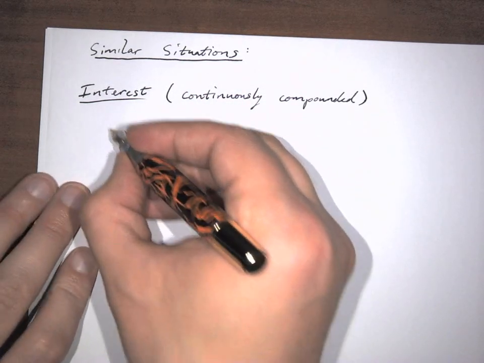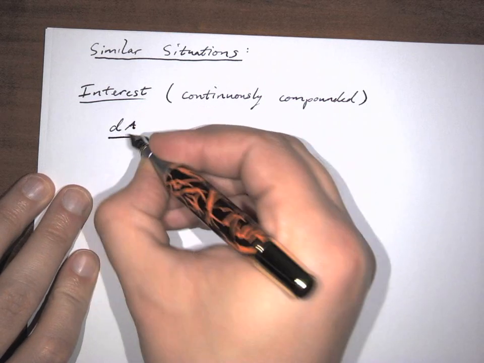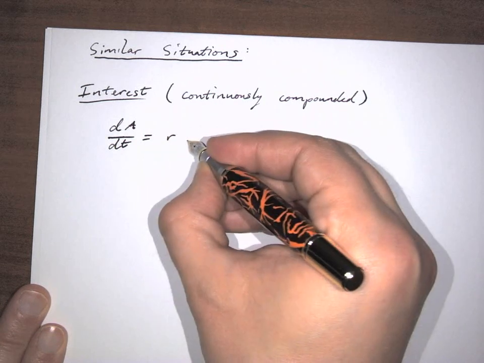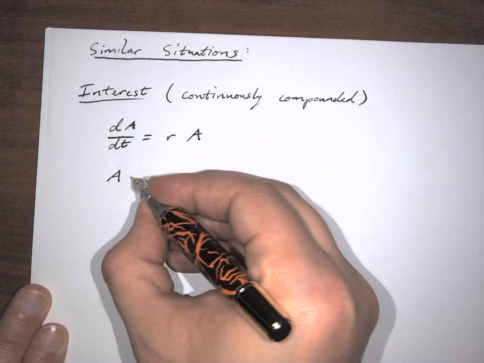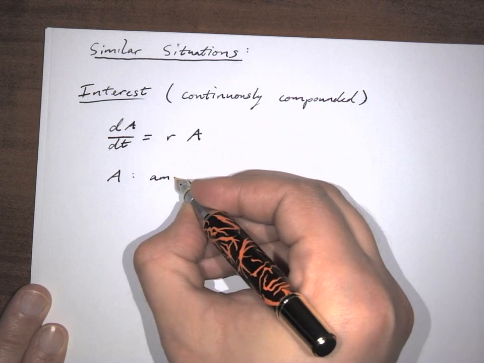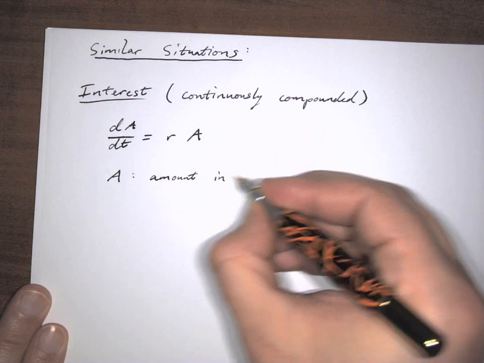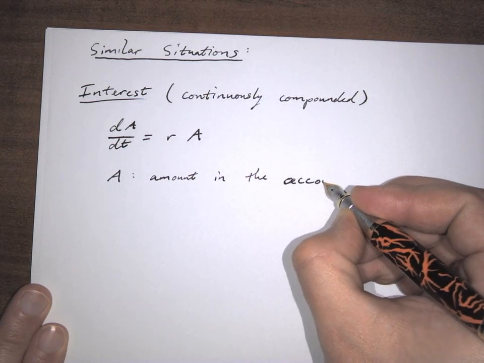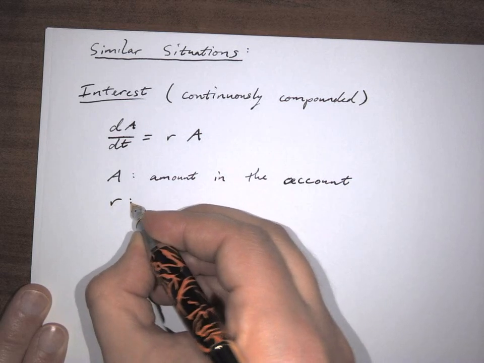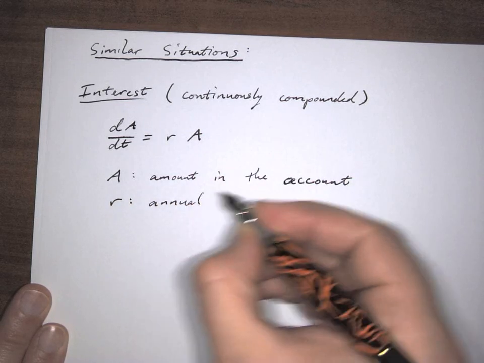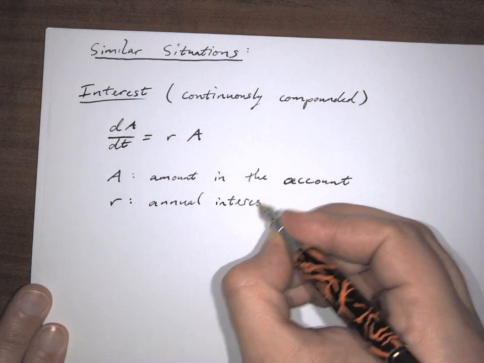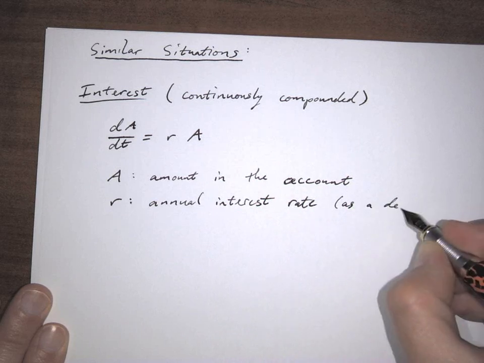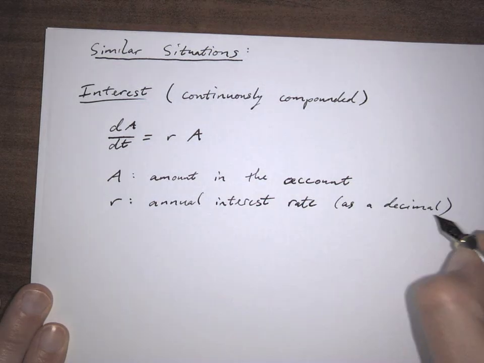And the way this is often written, dA/dt is equal to rA, where A is the amount in the account, r is the annual interest rate as a decimal.